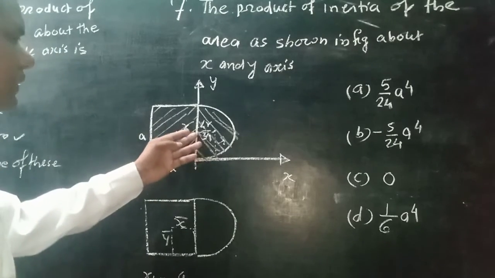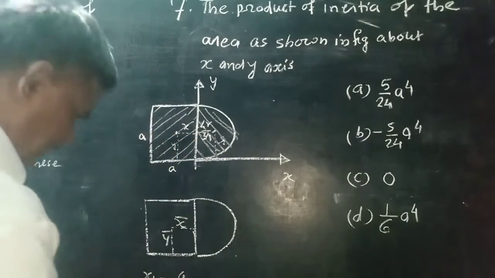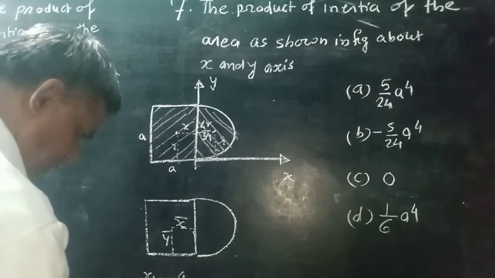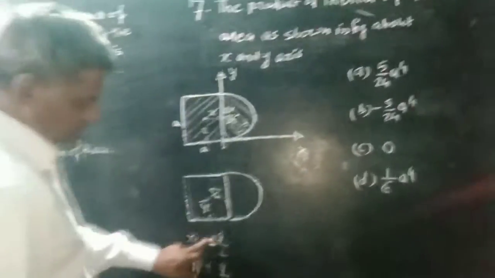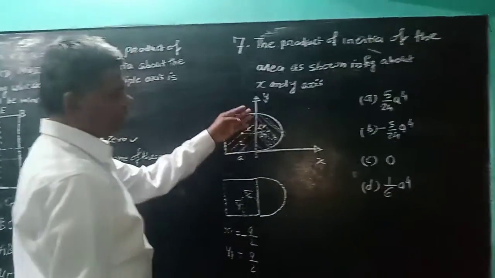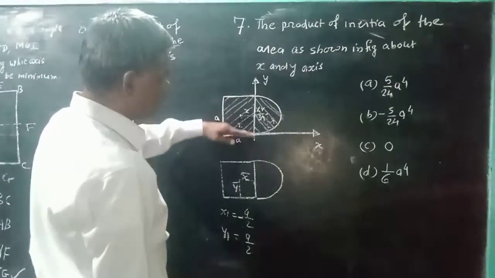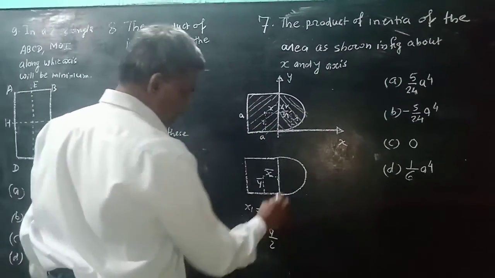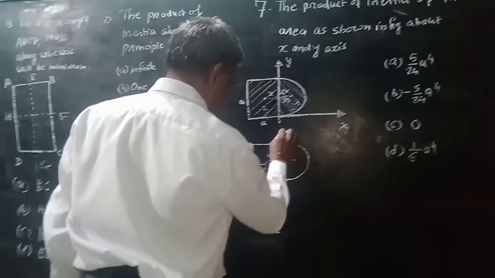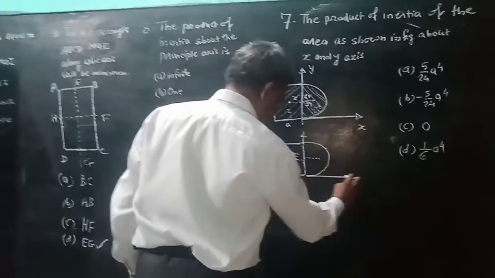But this distance is on the left side of the y axis, therefore negative a by 2. This is on the left side of the y axis, therefore this is negative. Then this is on the top side of the x axis, this is positive. This is the y axis and this is the x axis.